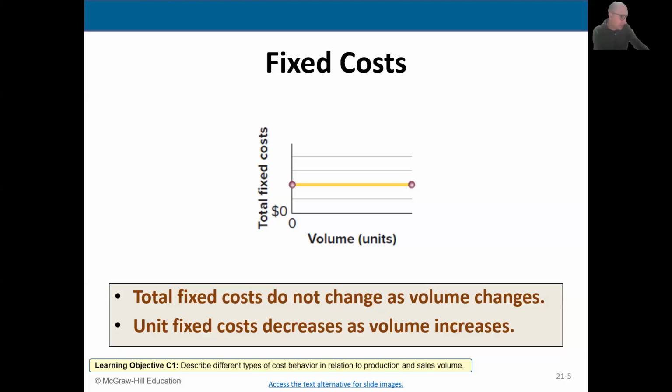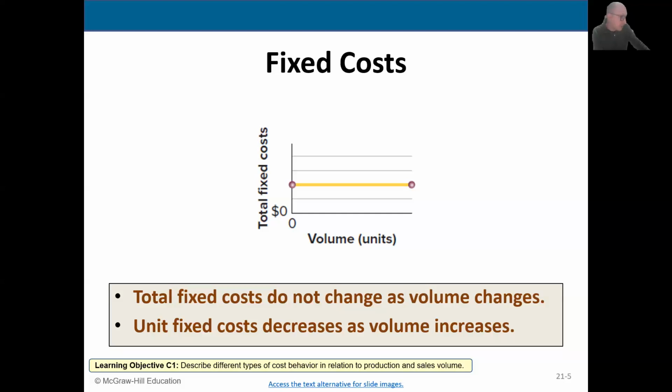Now, when it comes to manufacturing, we don't always make the same number of units every single month. Sometimes we make more, sometimes we make less. Depends on the demand, depends on the sale price, that kind of thing. So when units of production increase, meaning we're making more units, the fixed cost per unit decreases.